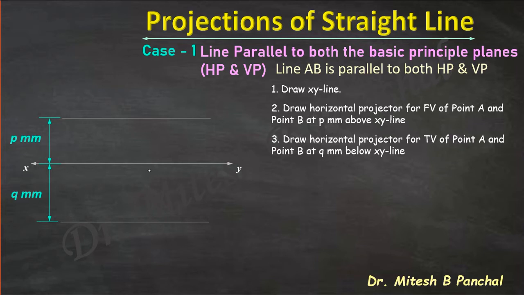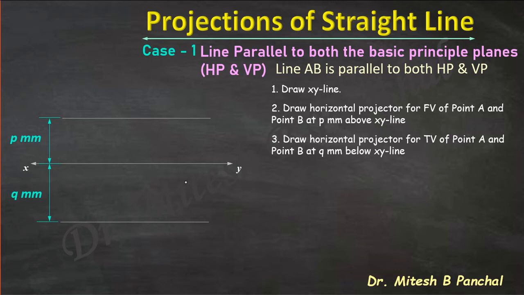We will get the front view of points A and B on the horizontal projector which is P mm above XY line, and we will obtain the top view of A and B on the second horizontal projector, which is Q mm below XY line.